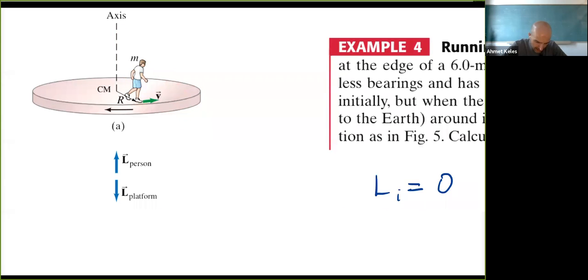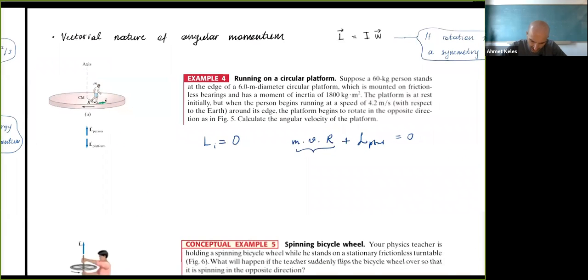And I think you can imagine that this platform will be moving in the opposite direction, and you can do the right-hand rule to see that the platform's angular momentum is like this. But initially, the total angular momentum is 0, so the angular momentum coming from the platform should cancel the angular momentum coming from the person. So that's what we are trying to set up.